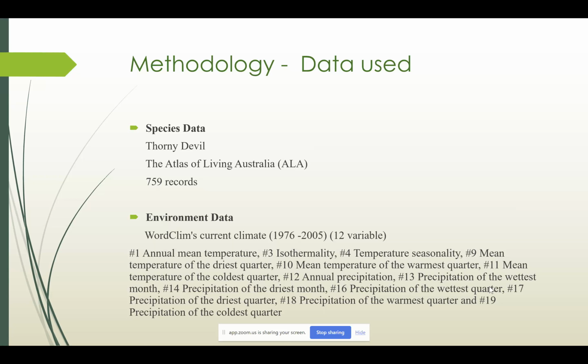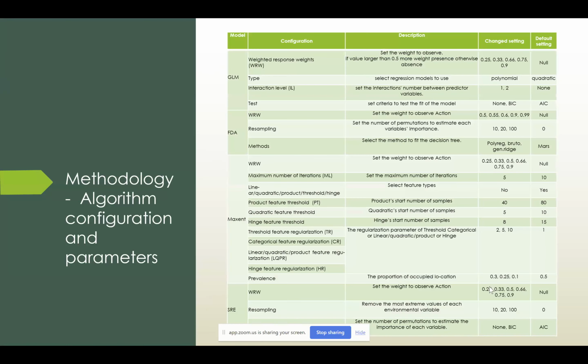We picked 12 variables which are particularly suitable for Sonidero. For the algorithms, we selected GLM, FDA, Maxent, and SRE, and picked configurations and test values from other biodiversity research recommended configurations and parameters.